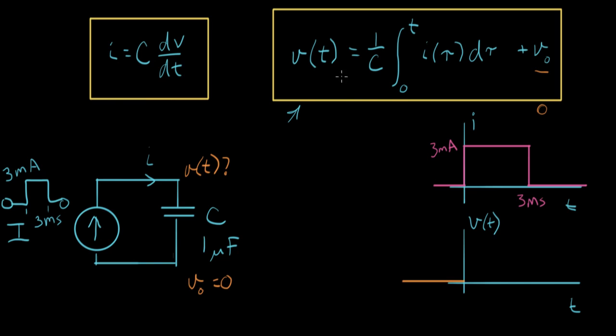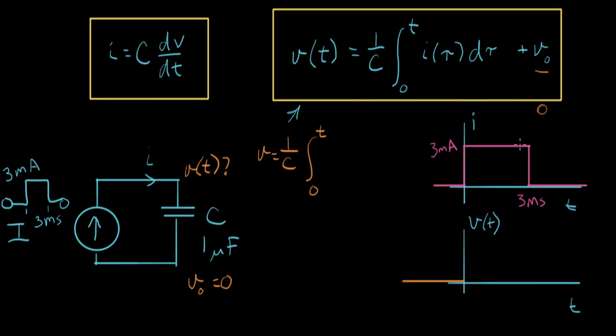Okay, now let's go during the pulse. Let's do the second period of time. So now we have to be a little more careful. We have V equals 1 over C integral from time equals 0 to time equals some time t. And what's I during the pulse? Well, it's sitting right here.